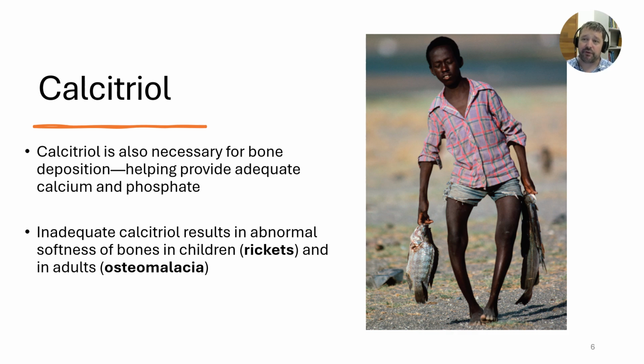It can also happen in adults, osteomalacia, but it's much more common in children, and you see it a lot in developing countries where there may not be enough calcitriol in the individual, or they may be missing enough calcium and phosphate to begin with, and so there are different ways in which this might play.